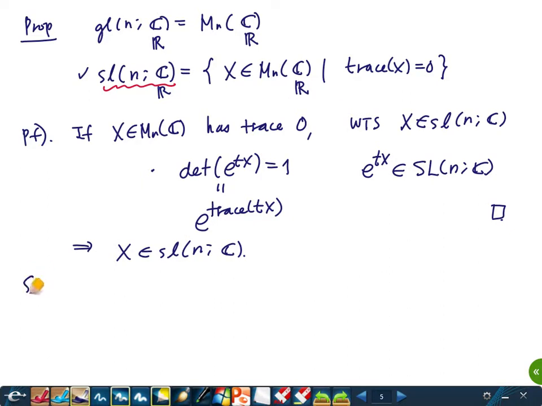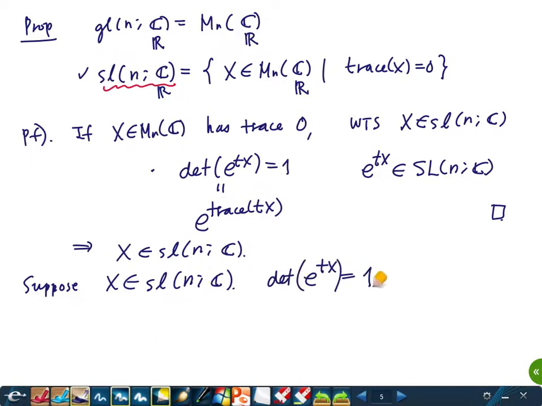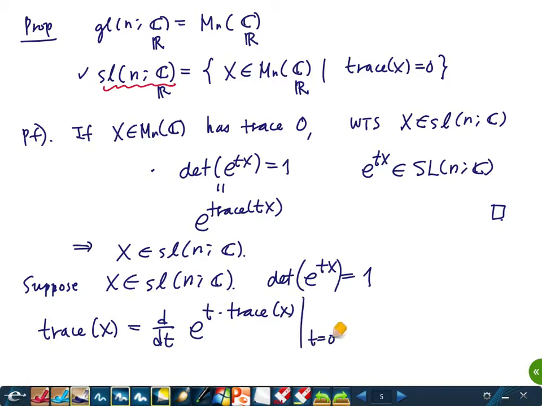Now suppose X is in sl(n, C). We want to show that the trace is 0. By definition, the determinant of e to the tX is 1. Now, what is the trace? The trace of X is, we can say, e to the t trace of X, at t equals 0. This is true.